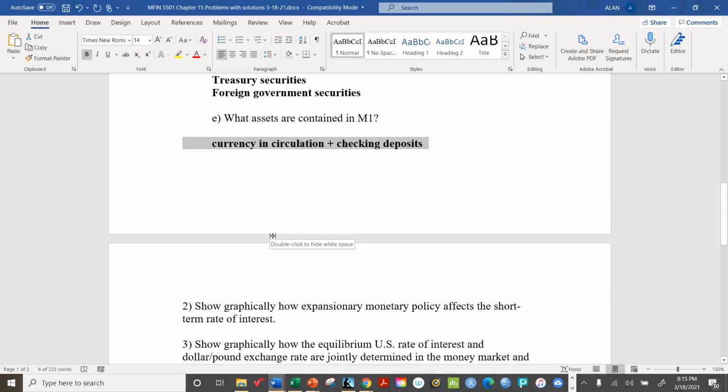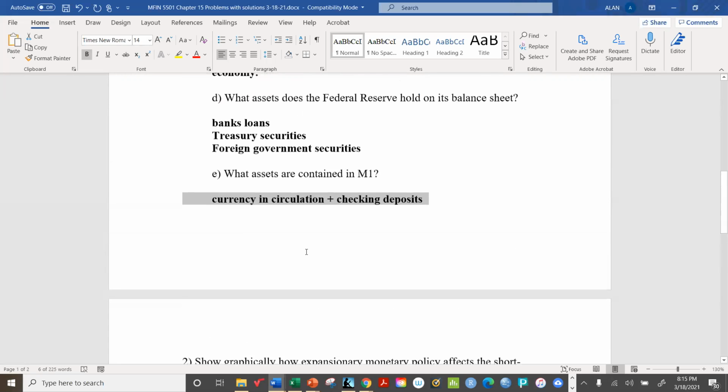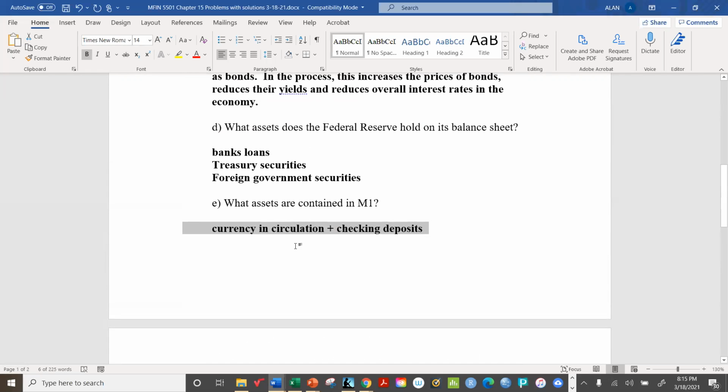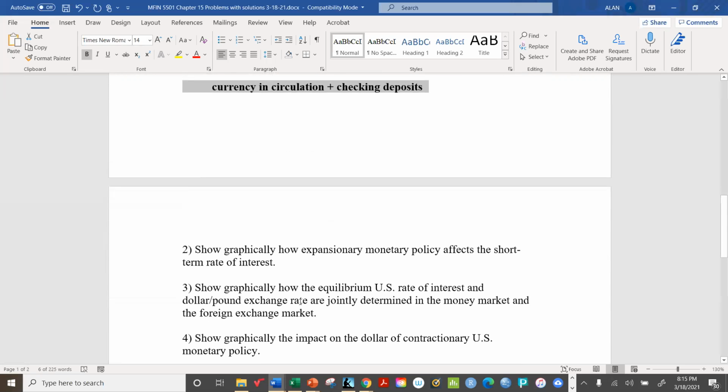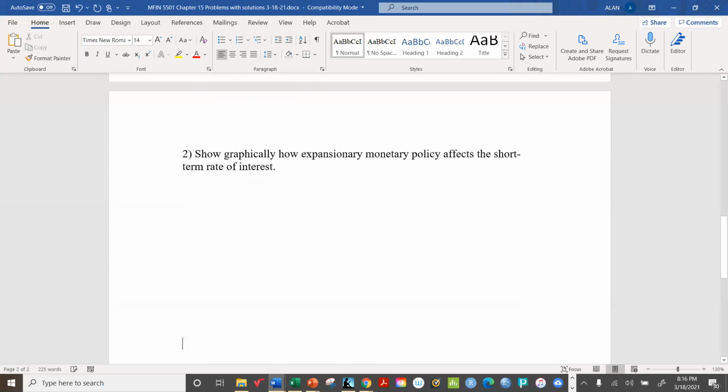All right, now we get to do some graphs. So this is where it gets interesting. How does expansionary monetary policy affect the short-term rate of interest? The framework that we're using here is the one where we bring together the supply of money with the demand for money. So how does that look?